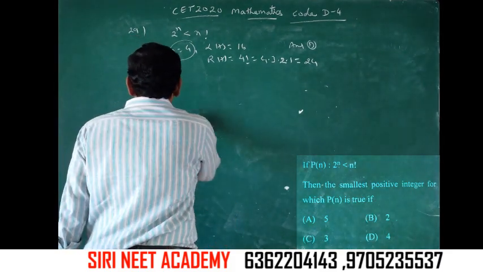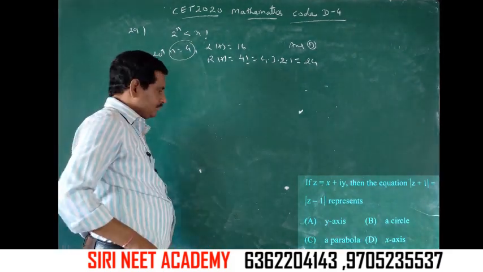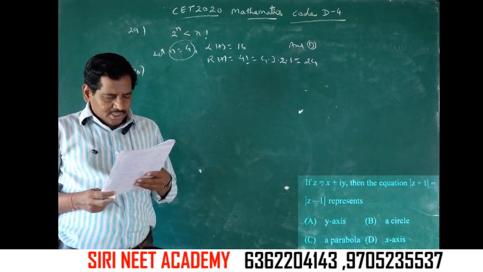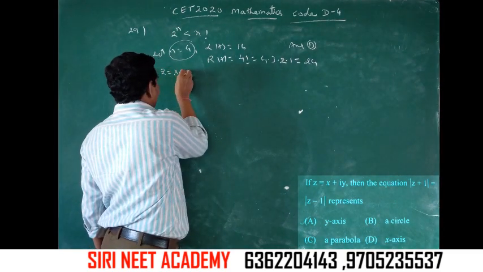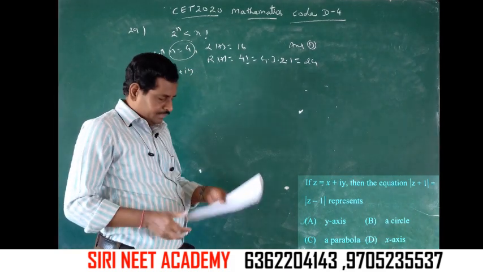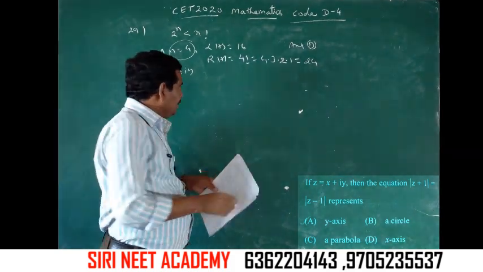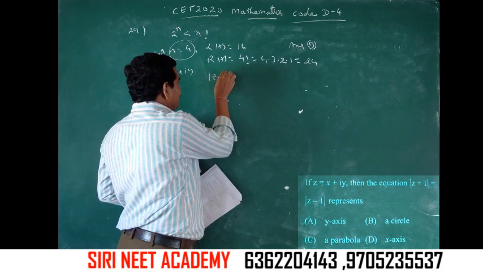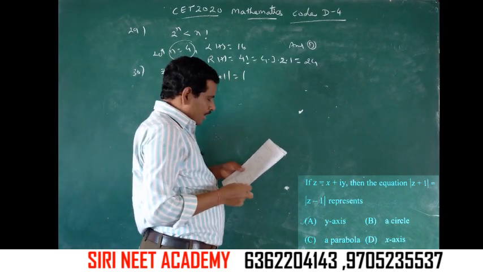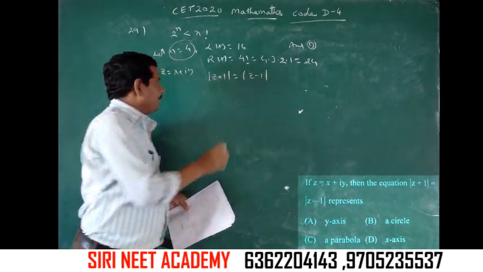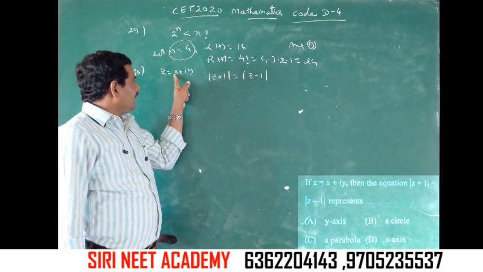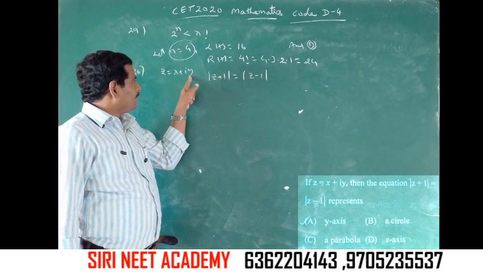Question number 30. If z is equal to x plus iy, then the equation mod z plus 1 is equal to mod z minus 1 represents. Here z is x plus iy, real part is x plus 1, imaginary part is y.